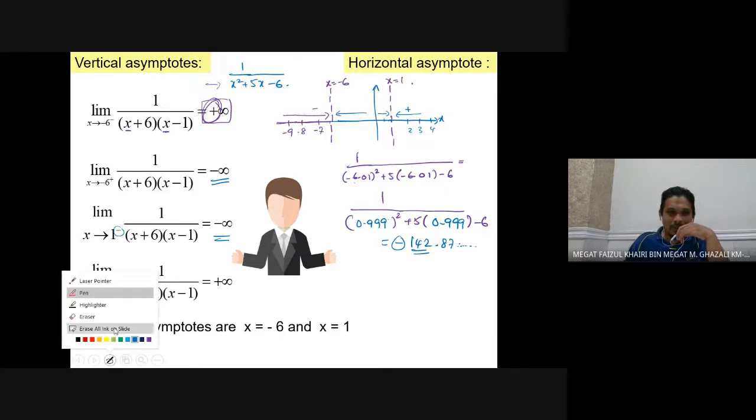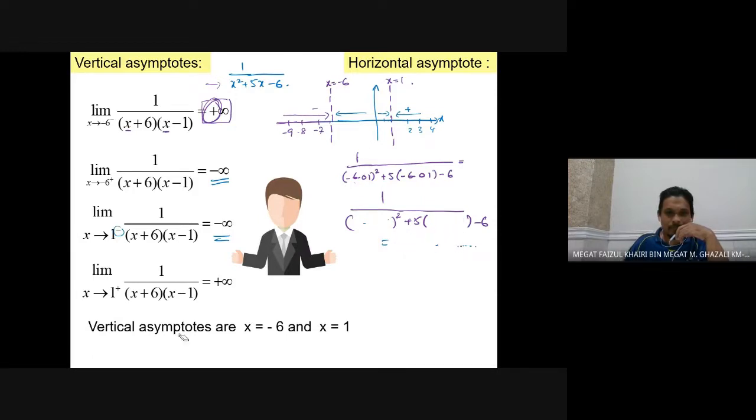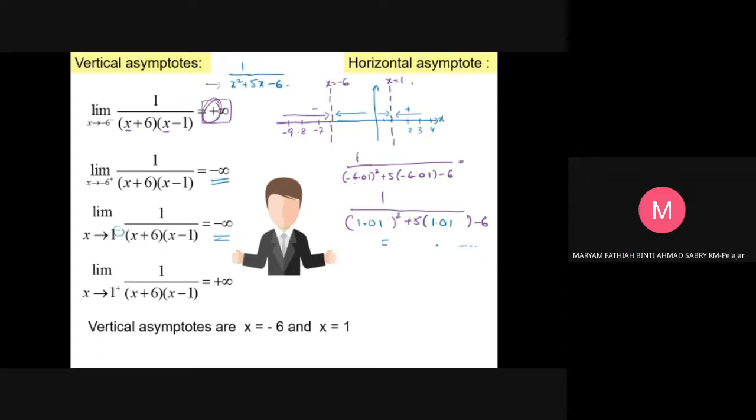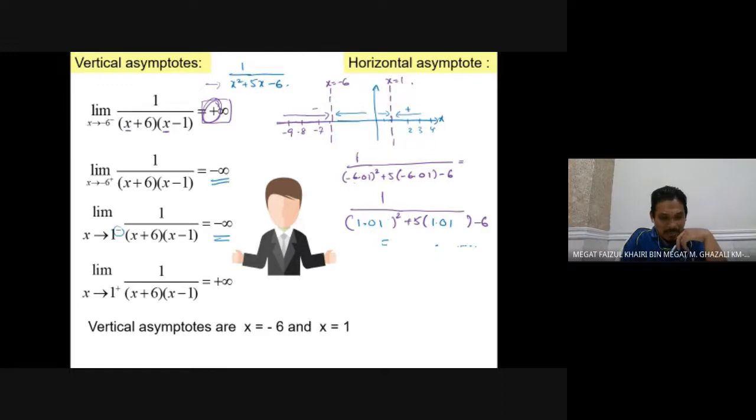Okay, if I choose the value of 1.01, what will we get then?